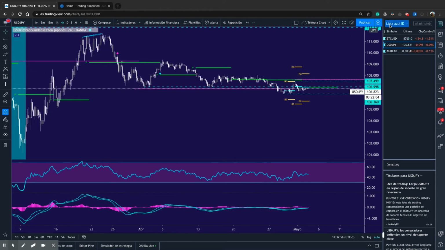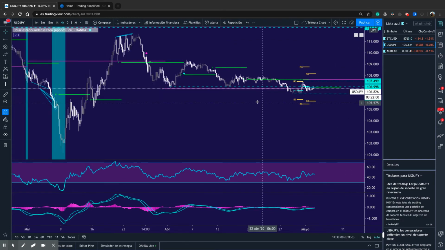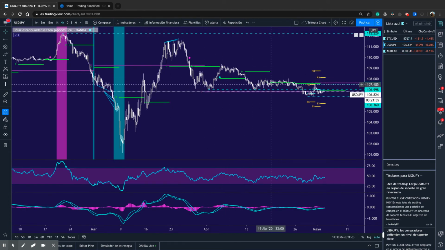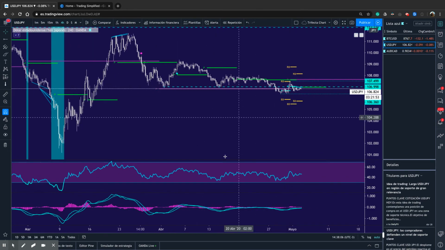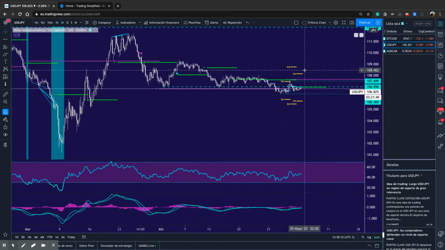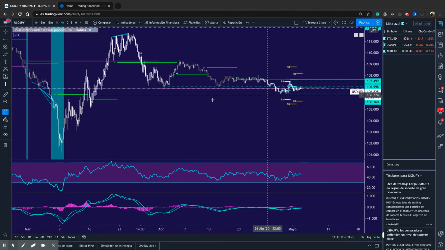We have a similar situation to the last one on the list a couple of moments ago. The price is making a sideways movement. MACD is divergent, pointing up, but the trend is going down, and we have a nice reject over here, and we are right now at the resistance level.